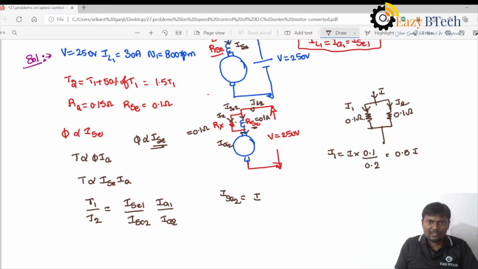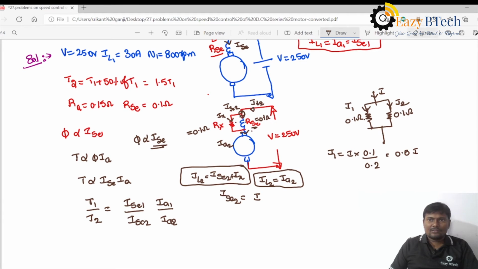Similarly, the current flowing through ISC2, the total current is IL2. IL2 and IA2 are both the same, because if you apply KCL at this node, IL2 is equal to ISC2 plus IX, and this value is IA2 now. So IL2 is equal to IA2.